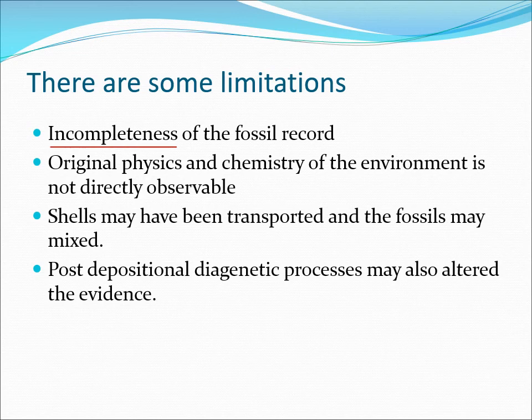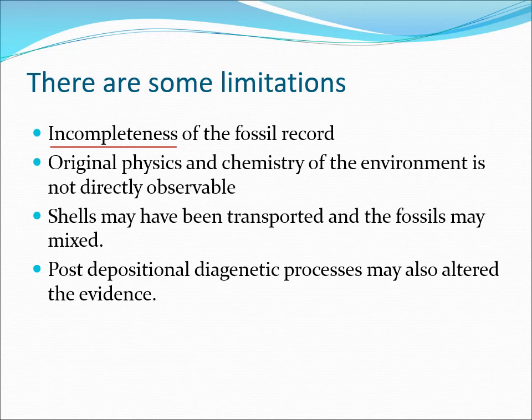So with the changing physico-chemical condition of the Earth, all the physical and chemical processes occurring at or near the Earth's surface are also changing with time. So the rocks formed during a certain time, at that time the physico-chemical conditions were not the same as the present day.